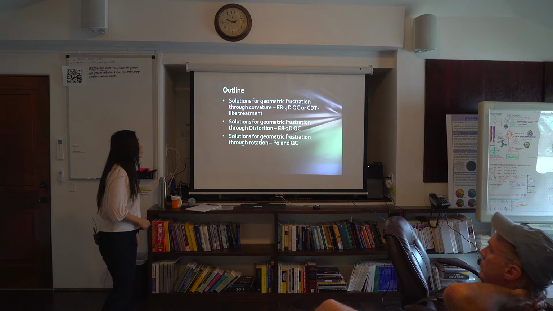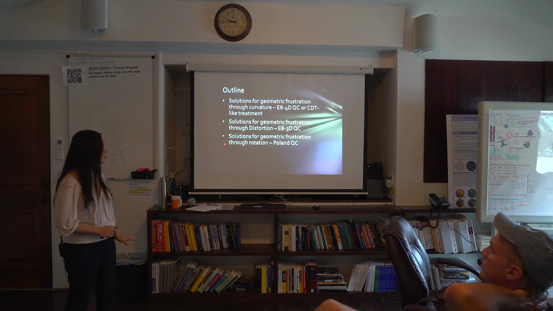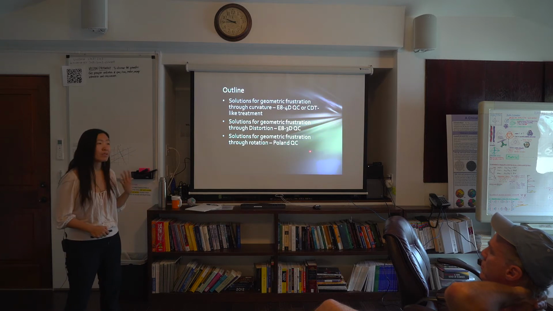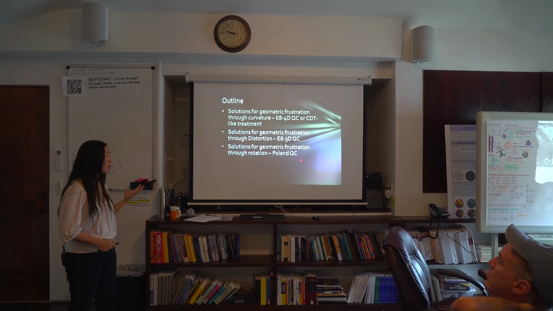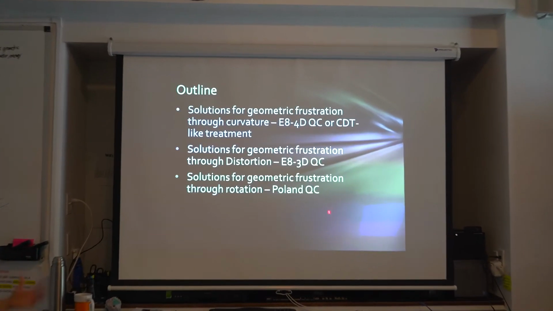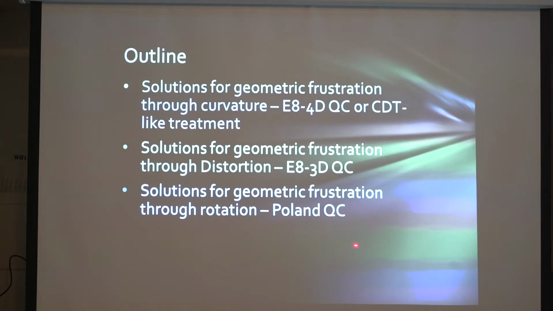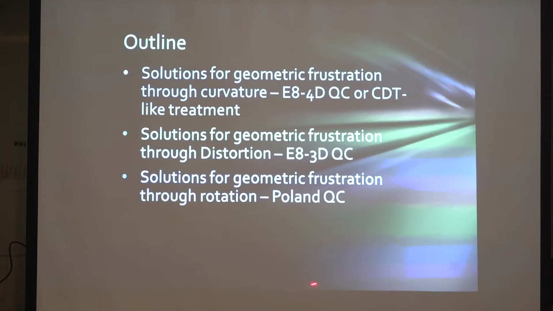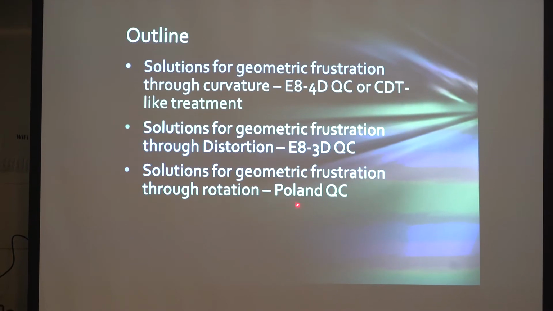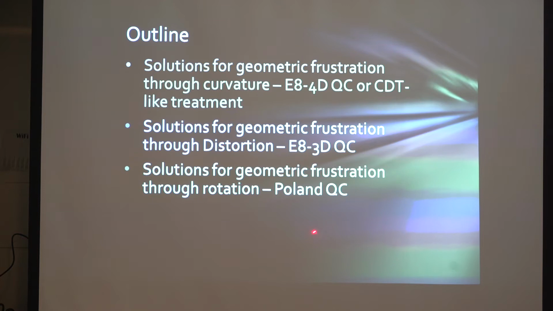Okay, so then there's a solution for geometric frustration through rotation, which we started calling the Poland quasi-crystal because we presented it at the quasi-crystal conference in Poland. We can't find any name that is shorter than this, but maybe we can name it in a better way later.